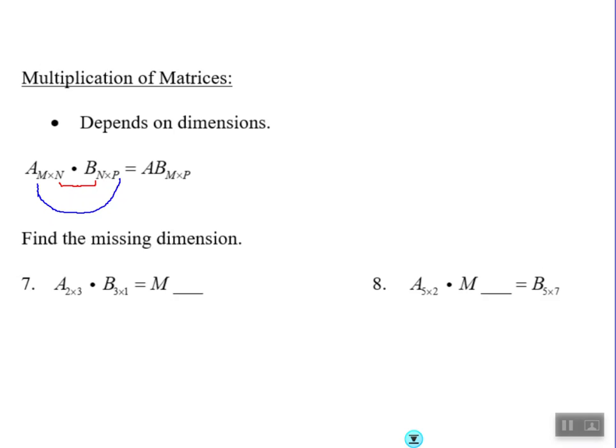So, we want to find the missing dimension. If we are multiplying a 2 by 3 matrix by a 3 by 1 matrix, since these two dimensions match, the product will be a 2 by 1 matrix.